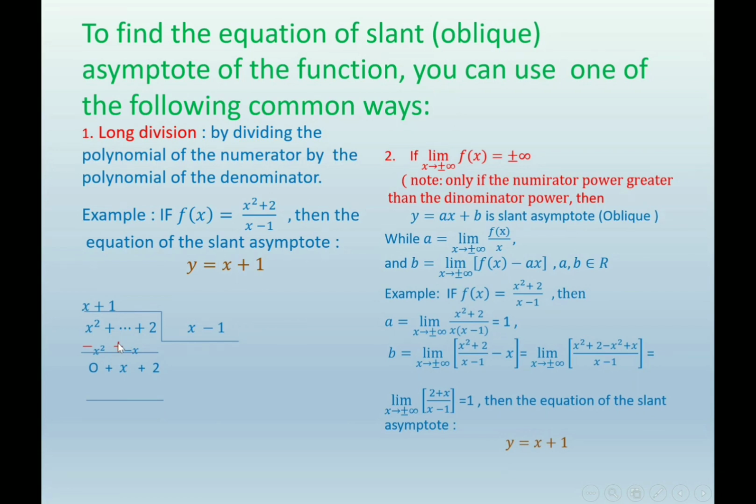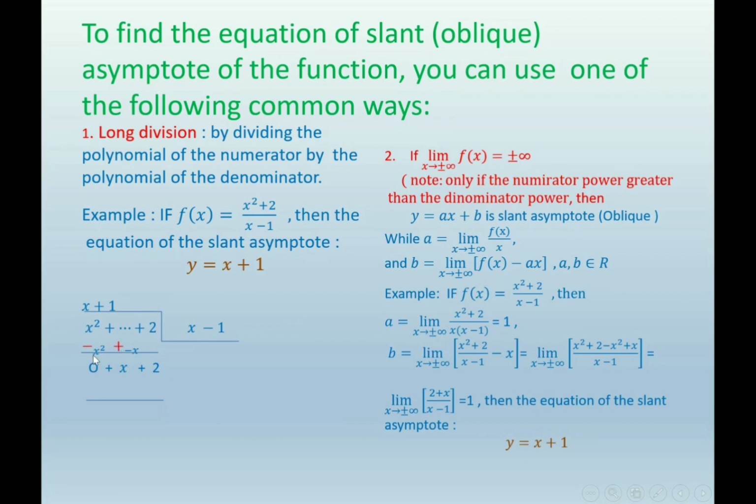The third step is subtracting. Change each sign from positive to negative and from negative to positive to subtract. So this was positive, make it negative. This was negative, make it positive. Now subtract.